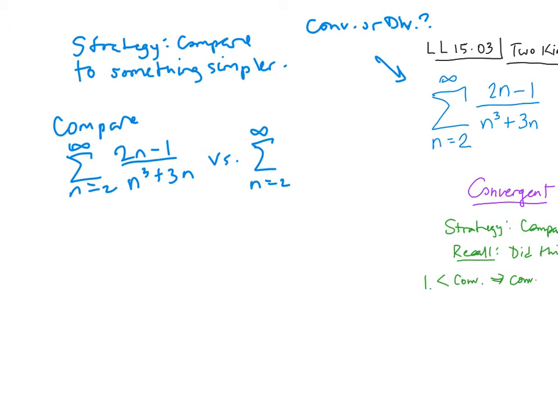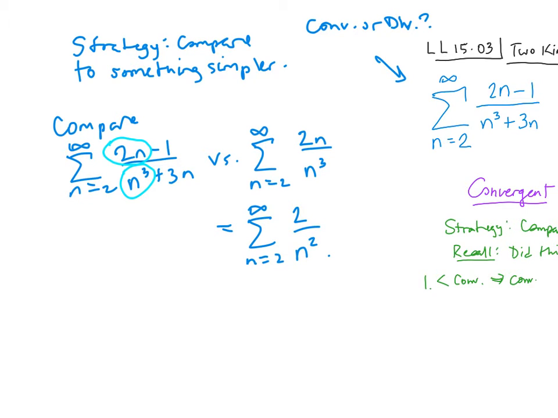The stuff that matters most seems to me like it's this 2n. As n gets really large, that 2n is going to be much more important than the minus 1. And as n gets really large, this n cubed is going to dwarf the 3n. So my strategy is going to be to look at just the series 2n over n cubed, which is the same as the series n equals 2 to infinity of 2 over n squared.